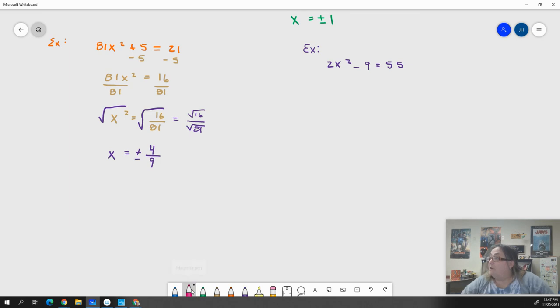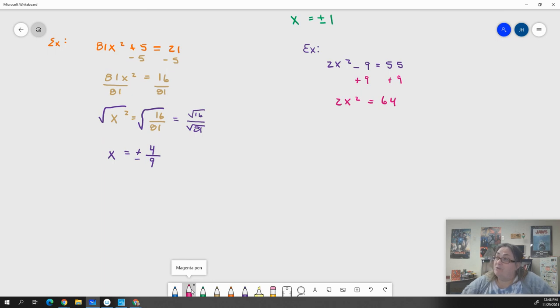So we're going to start by getting that x squared all by itself again. We're going to start undoing everything that's being done to it. We have 9 being subtracted from it, so we're going to add 9 because it's the opposite. And we've got 2x squared equals 64.